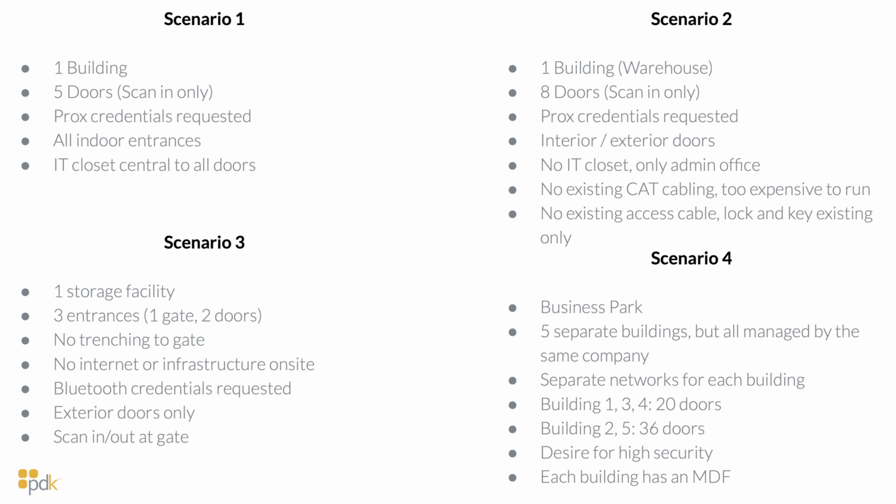For that one, we would need 1 additional reader. We have the 2 internal doors and then the scan in and scan out for the gate. So that's a total of 4 readers instead of 3. But otherwise, absolutely correct. 2 Rex HPs, a CSC clamshell credential if needed, and an RTK if necessary as well.